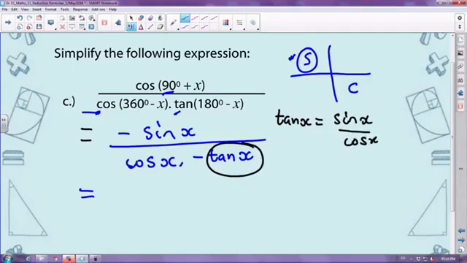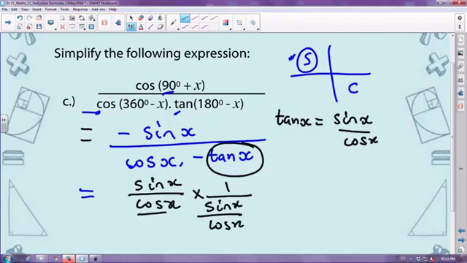Negative over negative is a positive, so you've got sine x over cos x times sine x over cos x over 1. Now, cos divided by cos, sine divided by sine, and you get your answer to be positive 1. So well done to all of you who got the correct answer, which is 1.